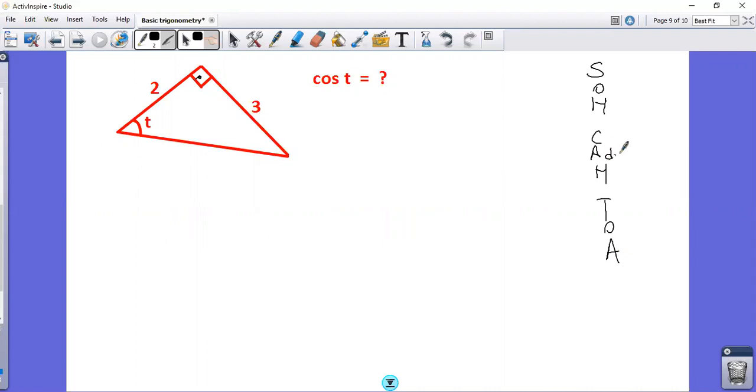The cosine is adjacent over hypotenuse, adjacent to the angle T over hypotenuse. The hypotenuse is always the side opposite to 90 degrees. We are dealing with the angle T, so this is opposite, right?